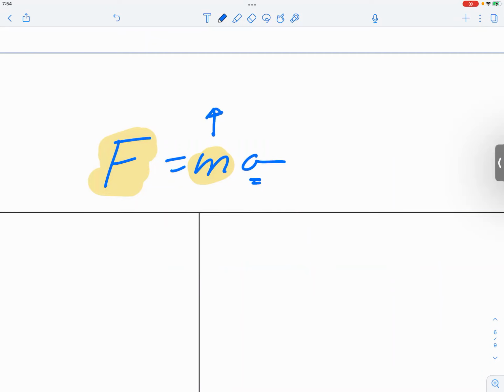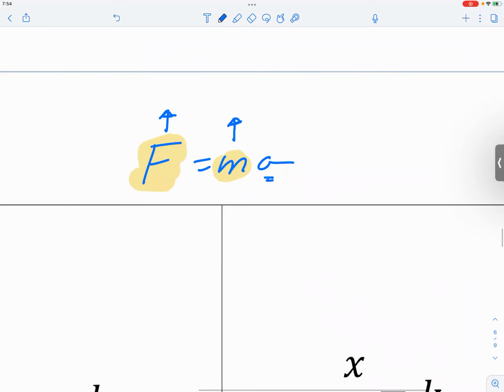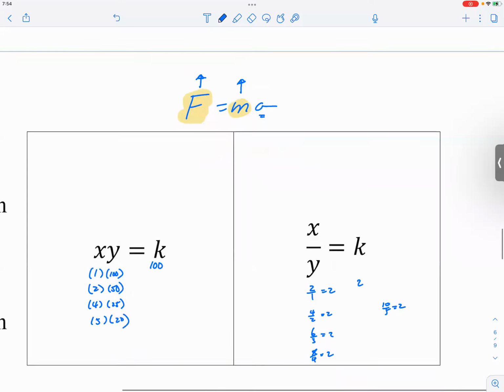So if mass goes up, how would F change? Would it go up or would it go down? Well, if something on the right-hand side is increasing, then something on the left-hand side must be increasing as well. So if M goes up, F goes up. In this case, this would be a direct relationship.